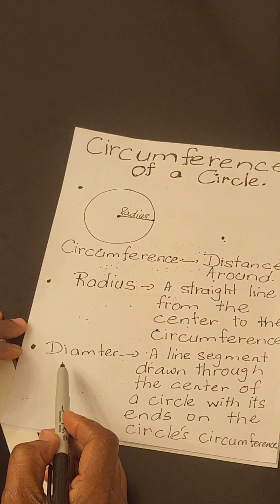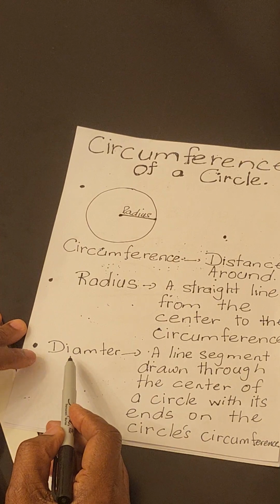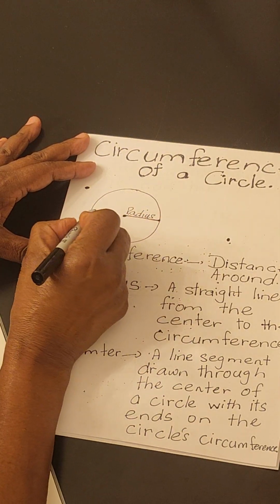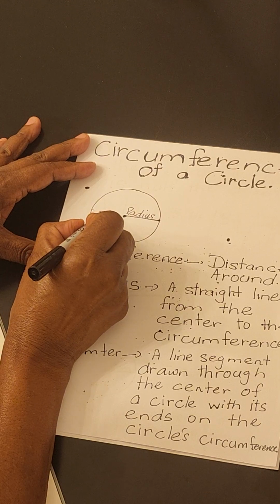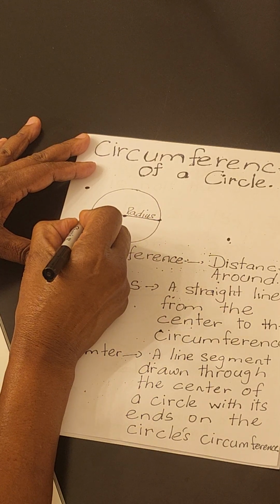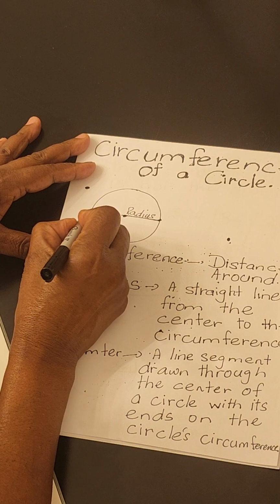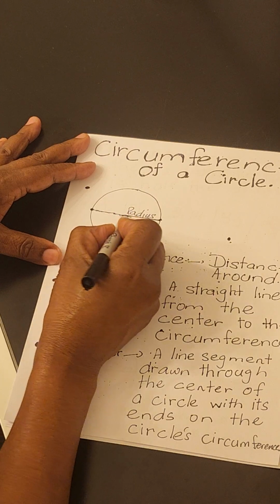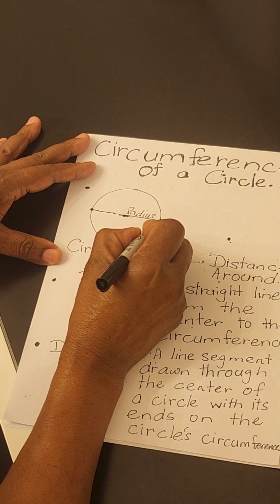You also have to be familiar with the diameter of a circle. You start at a part of the circle and you go out in a straight line through the center to another part of the circle.